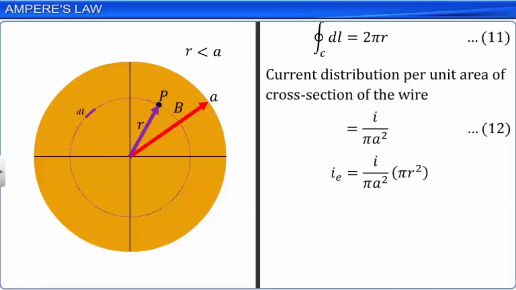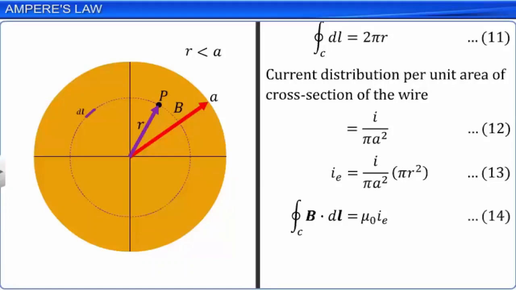Let this be equation 13. From Ampere's law, integral over the closed curve C, B dot dl is equal to mu naught IE, where IE is the current enclosed by the Amperian loop. Let this be equation 14.